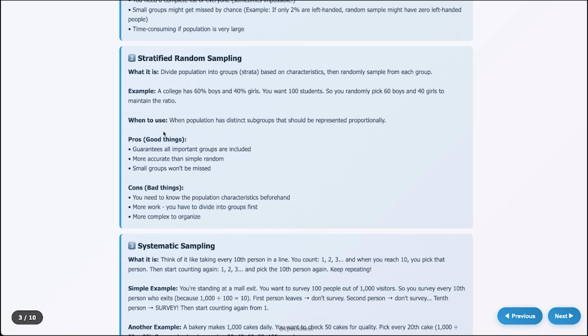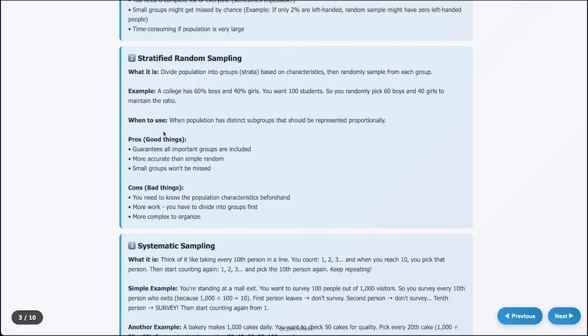Suppose for example, a college has 60% boys and 40% girls. So you want 100 students to survey. What you will do in this sampling strategy is randomly pick 60 boys from the 60% boys group, and randomly pick 40 girls from the 40% girls group. Okay, so that you can maintain the ratio.